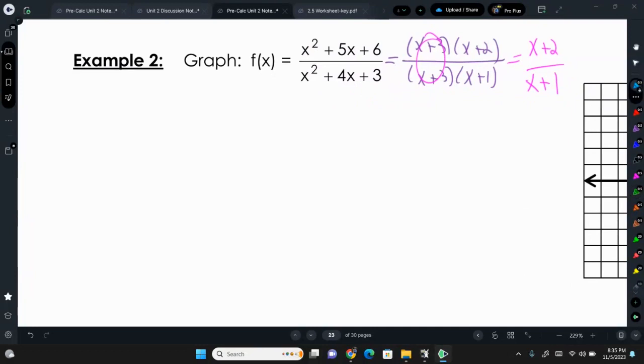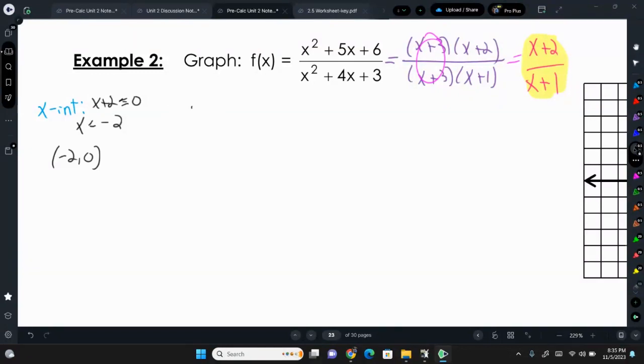So now to find our x-intercept, we're going to set the numerator equal to 0, and it's always the new function that we're working with now, the reduced one. So x plus 2 equals 0, x equals -2, so we have -2, 0 as our x-intercept.